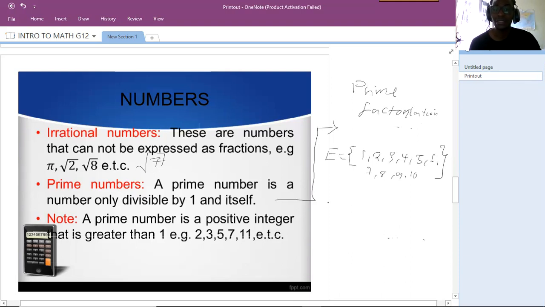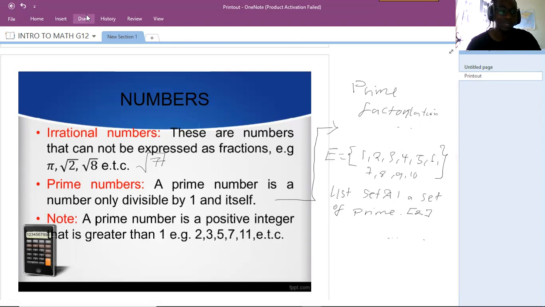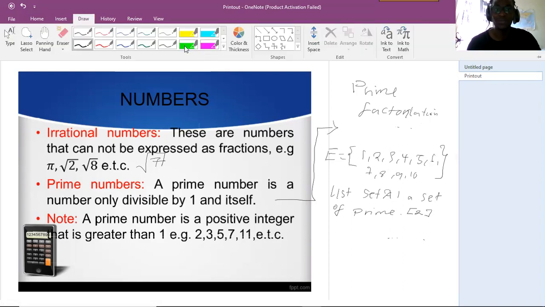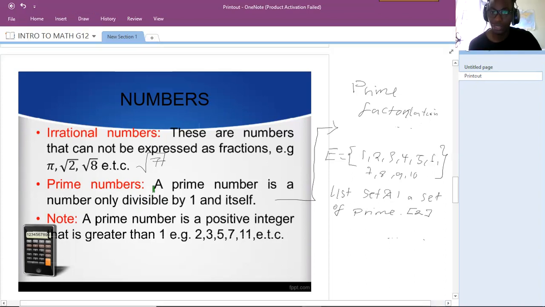Then they say list set A, a set of prime numbers. That's the first question there, and they've even put 2 marks. Trust me, ECZ loves prime numbers. I don't know why, for some weird reason. Maybe it's an easy question. Maybe students forget the definition of a prime number, but it's a good thing I'm here so that you don't forget the definition of a prime number.